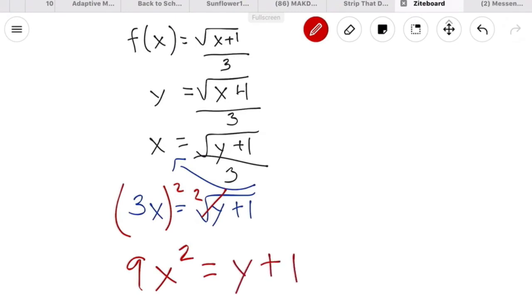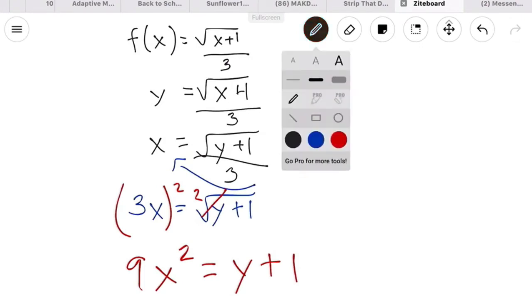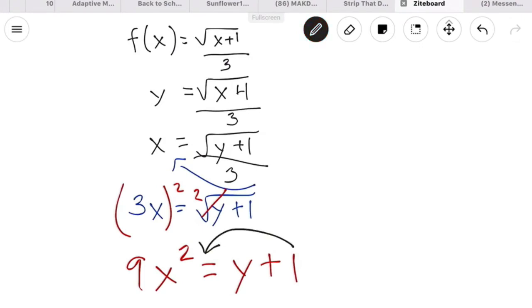And then we just need to transpose the 1 here. Okay, 9x squared, so that we can get y. So it becomes 9x squared minus 1 equals y.